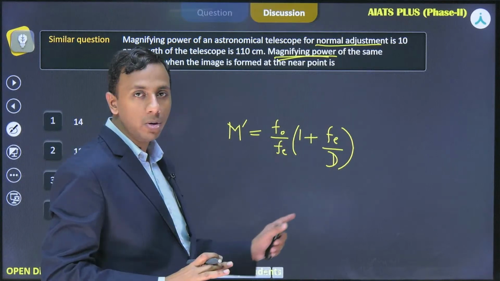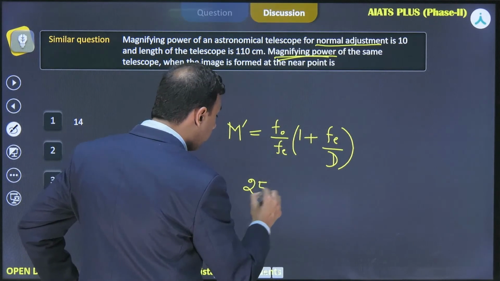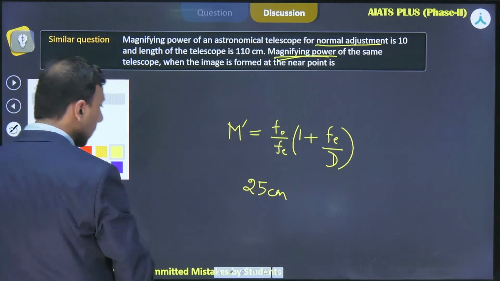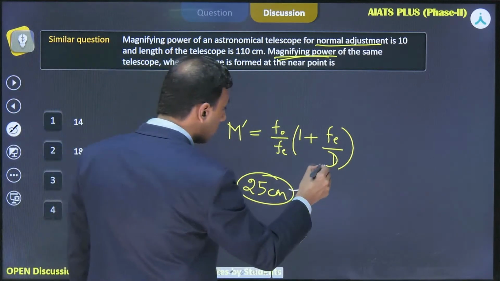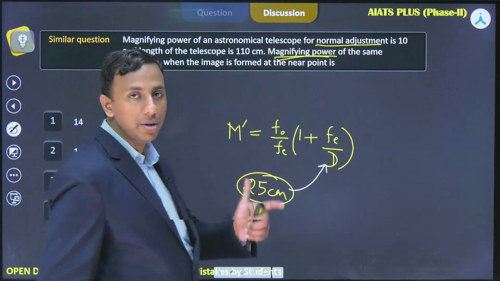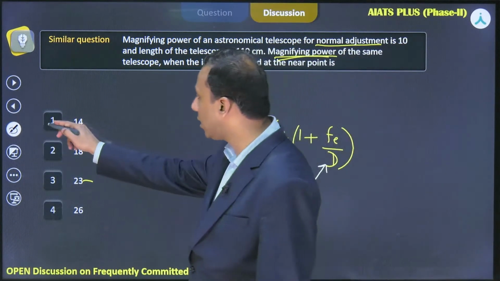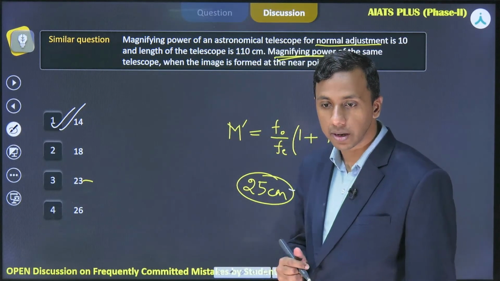F naught is known, Fe is known, and D is 25 centimeter. Please keep that in mind. If you substitute, you will get your answer. Please check. If I am not wrong, I think the answer is 14. So you can check whether you are getting the answer as 14.